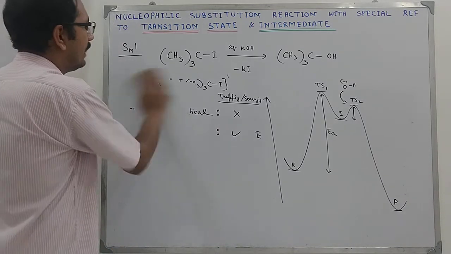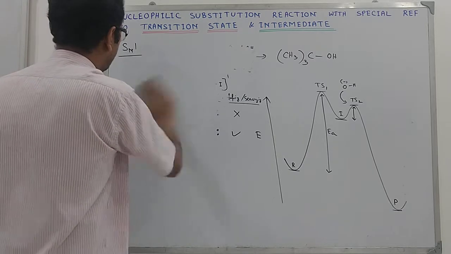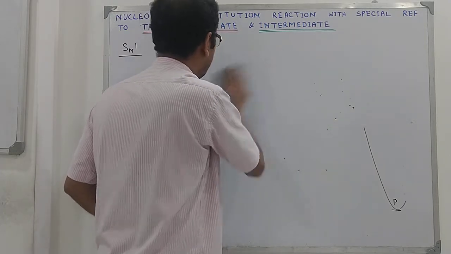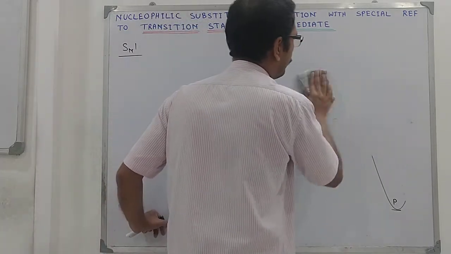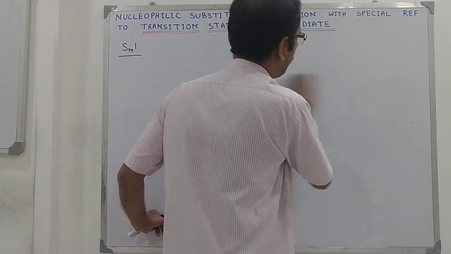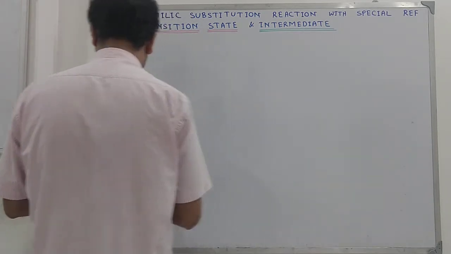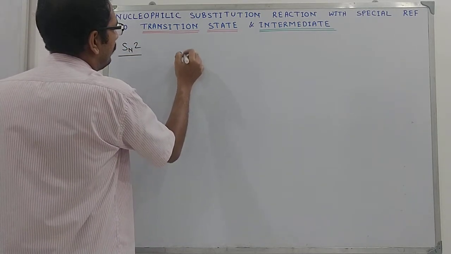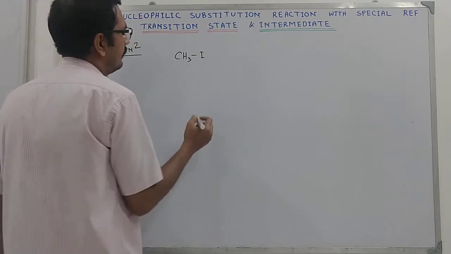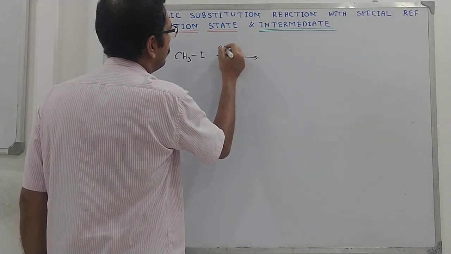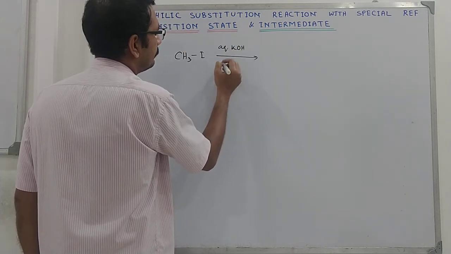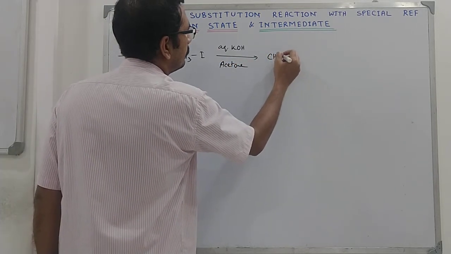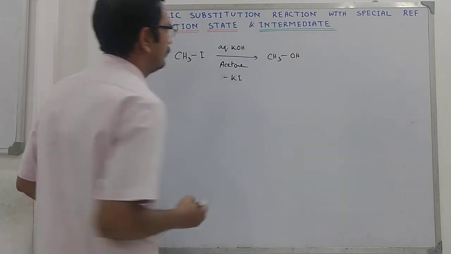Now we come to SN2 reaction. Here the reaction is like CH3I arrow this one.